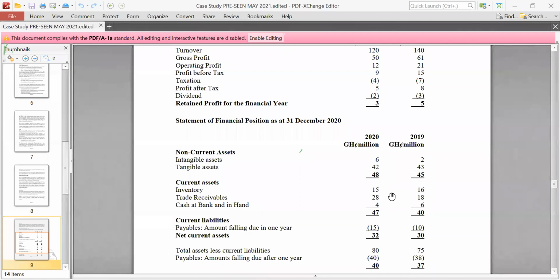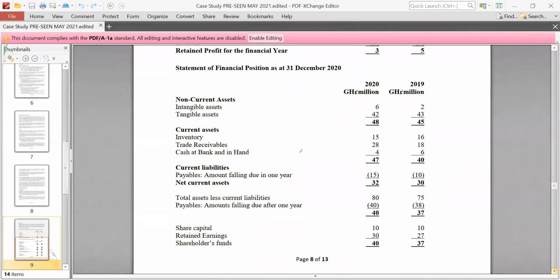If you look at the ratio of cash to trade receivables in 2019 versus the ratio of cash to trade receivables in 2020, it tells the story very perfectly. But all we need to know is that we have to collect. I'm curious to see if the pre-sim material gives us information on these trade receivables.